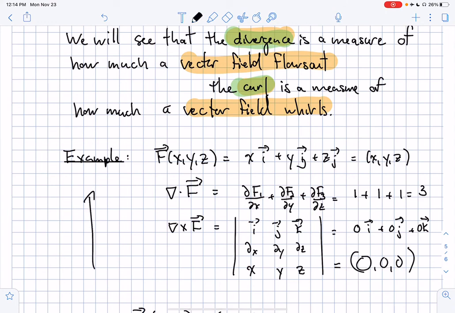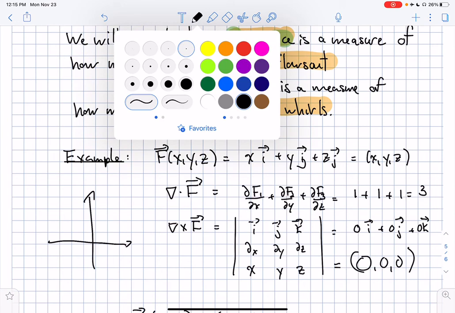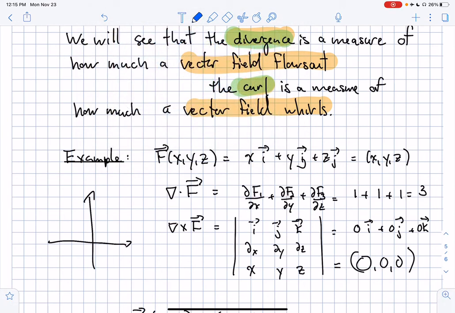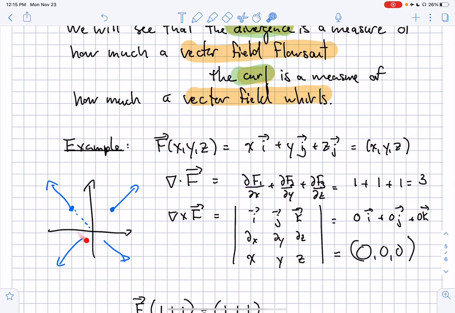So it's a vector field in R3, but I will plot it in R2. So at the point x, y, z, I associate the vector that is in the direction of x, y, z. So like this, it points out, right? If I take this other point x, y, z, I associate the vector that points towards that point. So everything, if you want, is sticking out. And so the divergence tells you that things are flowing out of a point, and nothing rotates here, the curl is 0.